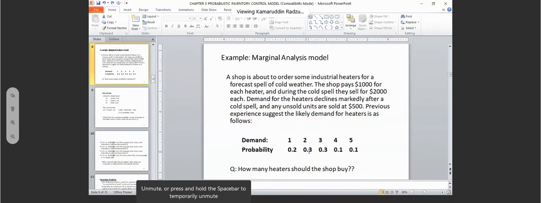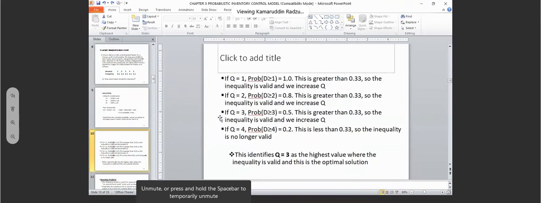That is 0.3 plus 0.3 plus 0.1 and plus 0.1. So the probability of this quantity order of 2 unit, where the demand is more than or equal to 2 unit, is 0.8.